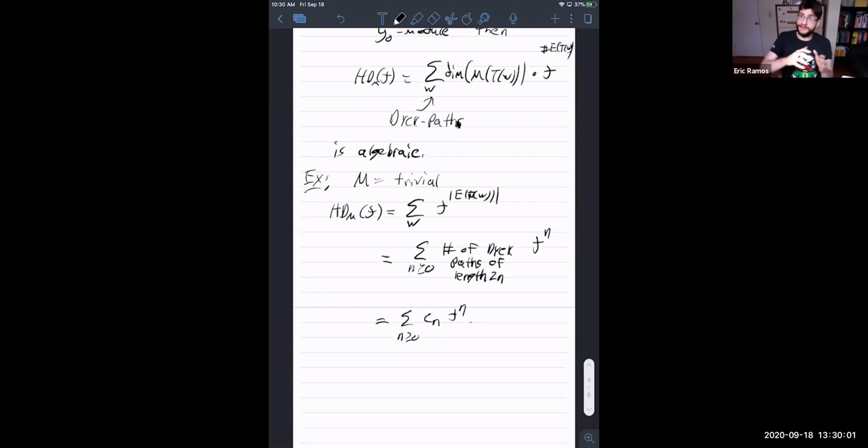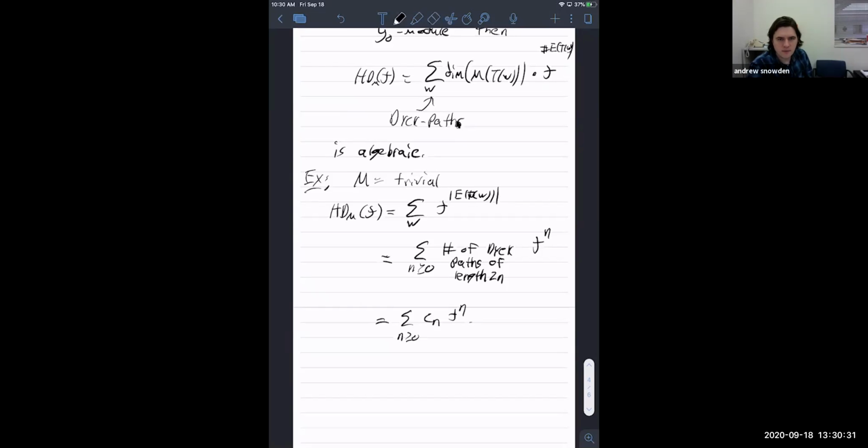Even just looking at the complete graph, Cayley's tree theorem tells you it's growing like n to the n. So in terms of growth patterns, these modules can get quite complicated. At the same time, hopefully this result shows that if you allow yourself to coarsen your definition of Hilbert series a bit, there might be something there.